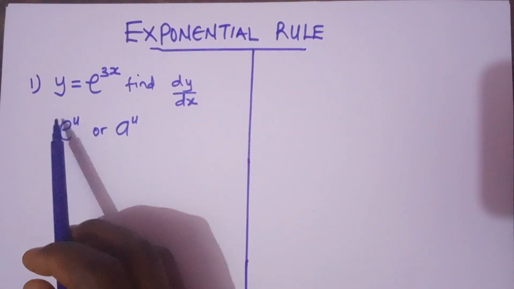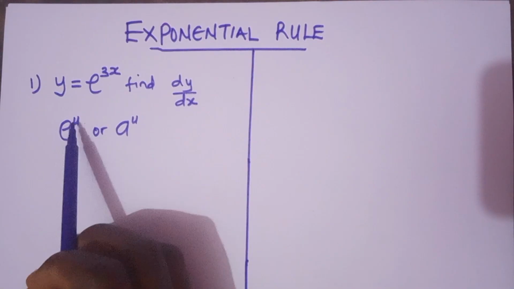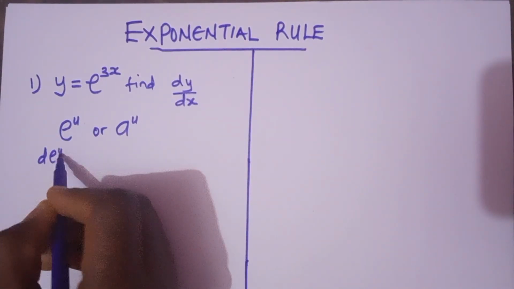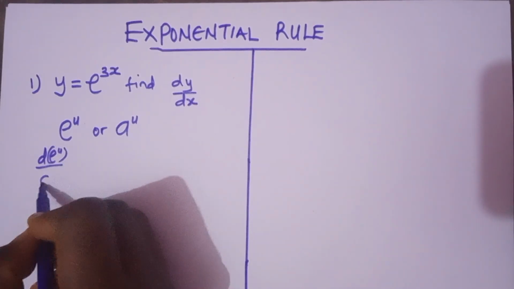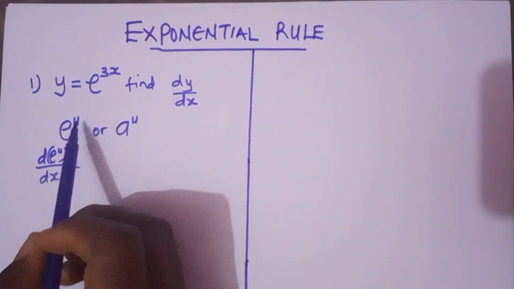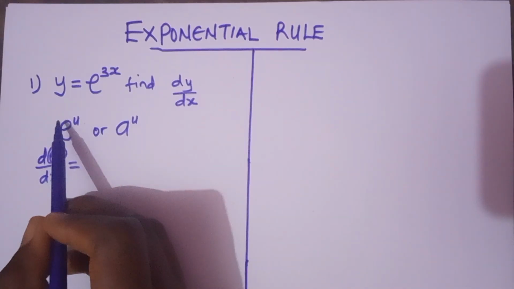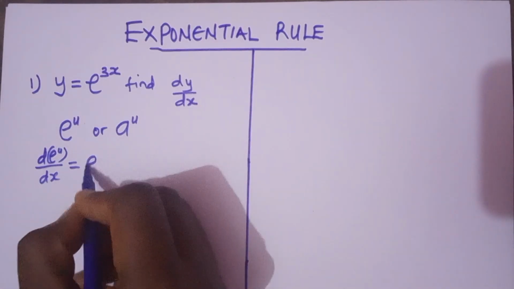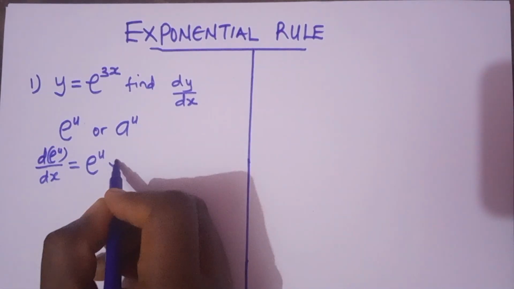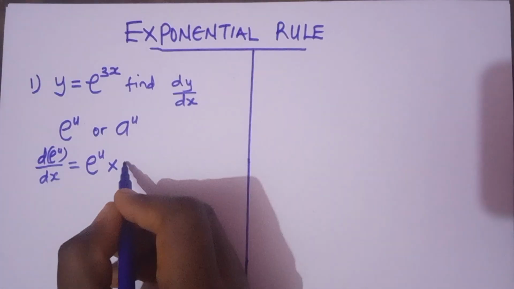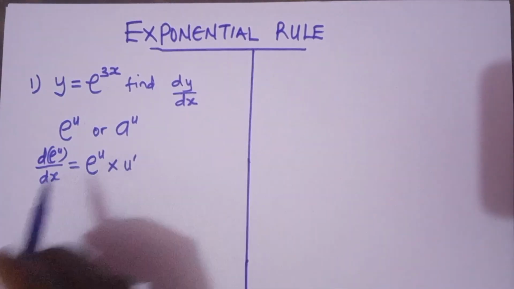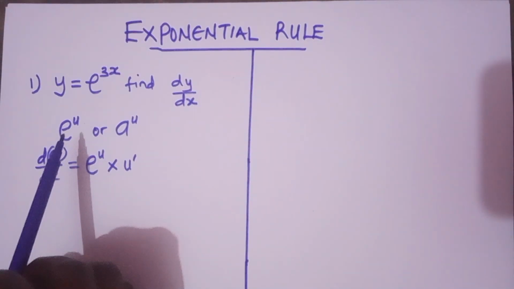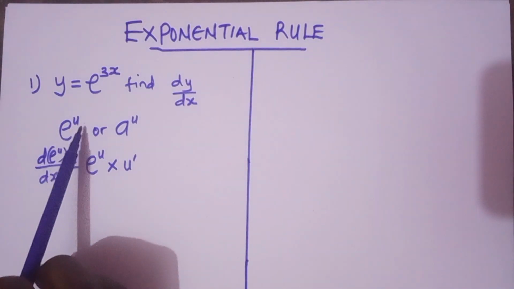Now, to differentiate the first one, e raised to power u, we say d of e^u over dx is equal to: first, repeat the same function given, e raised to power u, then multiply it by the derivative of the power, u prime. That is how to find the derivative of e^u.